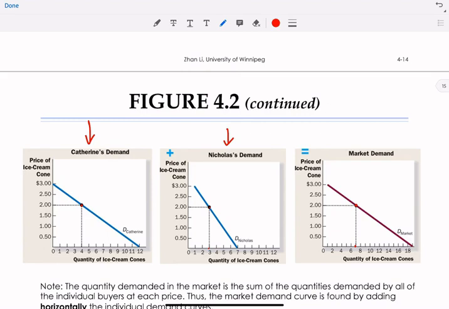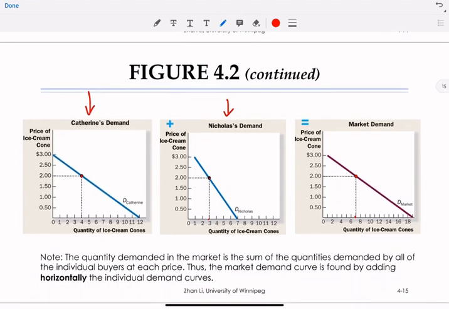Now, to summarize, if you have the demand curve for Catherine and the demand curve for Nicholas, to get the market demand, you add horizontally, right? Add horizontally the individual demand curves.